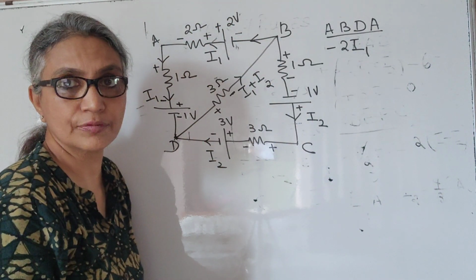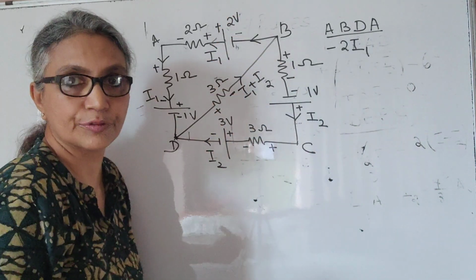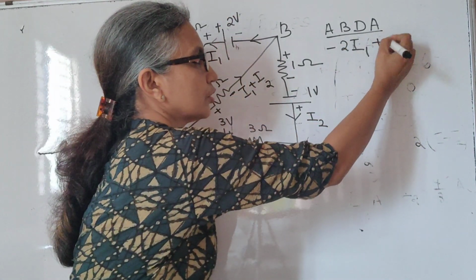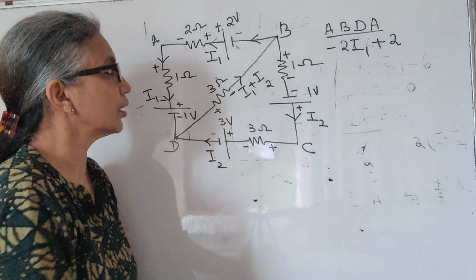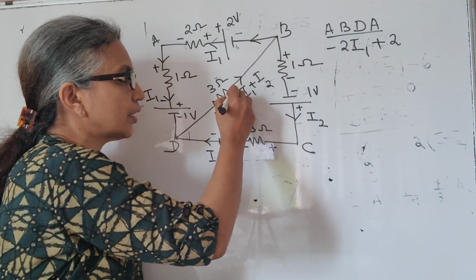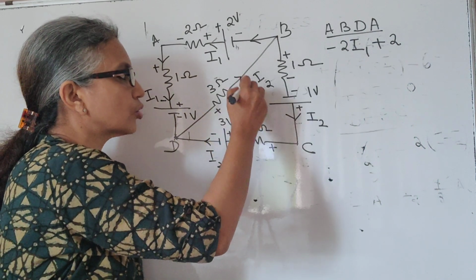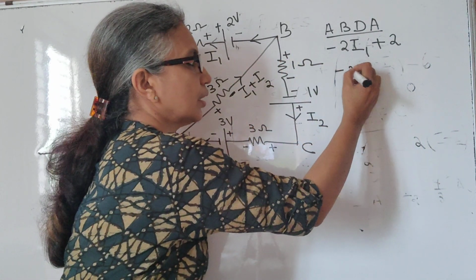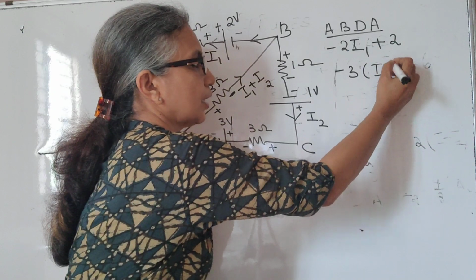Then I'm entering through the positive of the cell. For the cell, the potential difference is already given to you, so plus 2. I don't have to multiply it with current. Then when I enter this branch, I'm entering through the negative. Can you see that? So this is minus 3 into (I1 plus I2).